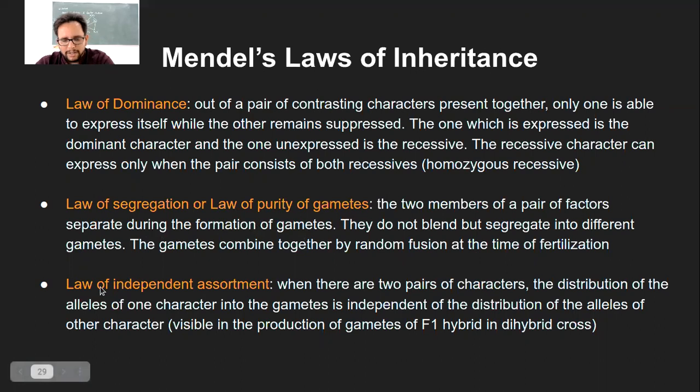Now, the third law is the law of independent assortment. In this, whenever there are two pairs of characters or two pairs of traits, the distribution of the allele of one character into the gamete is totally independent of the distribution of alleles of the other character. What does this mean?